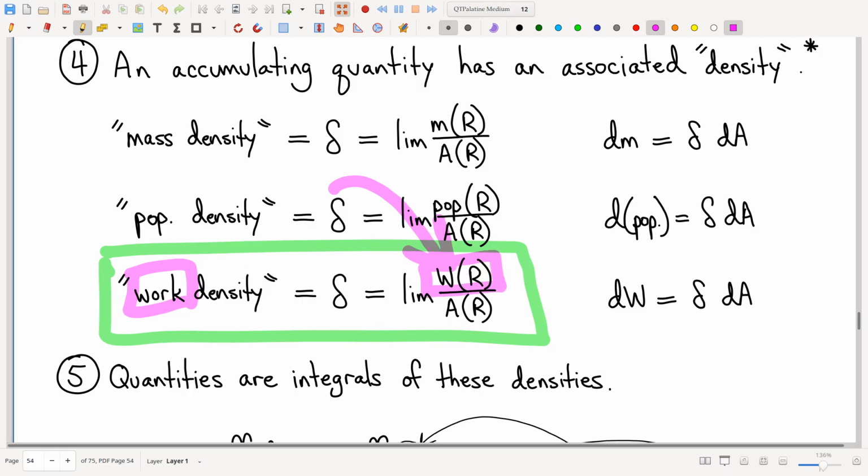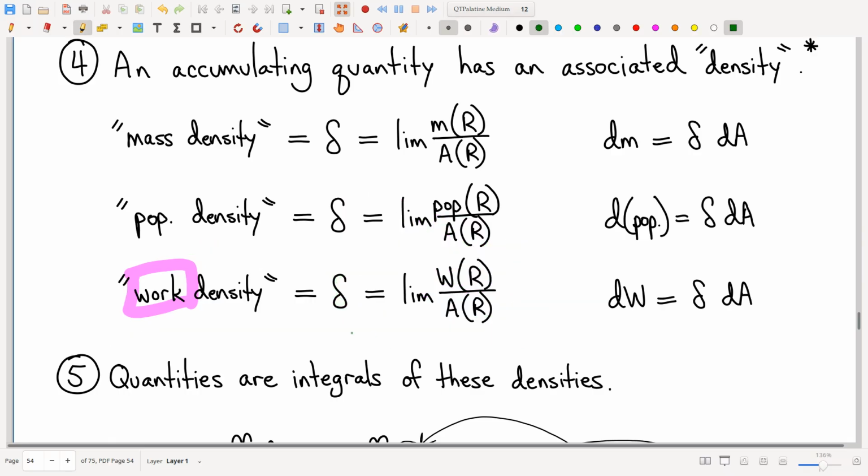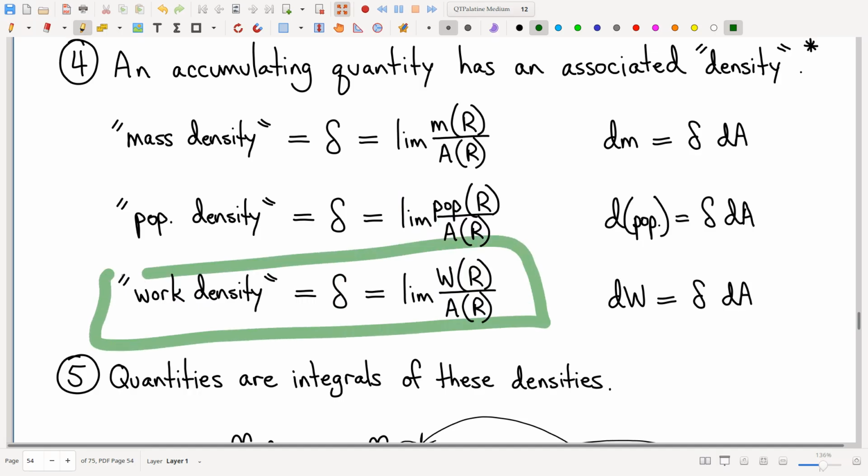For any given little region, we can talk about how much work overall is happening in that little piece that I think of as being a kind of a stuff in that little region. And therefore, I can talk about the associated idea of that stuff per unit area. So work density, a lot harder to kind of wrap your brain around, but makes, I think, a natural expression. How are we doing? Is everybody kind of on board?